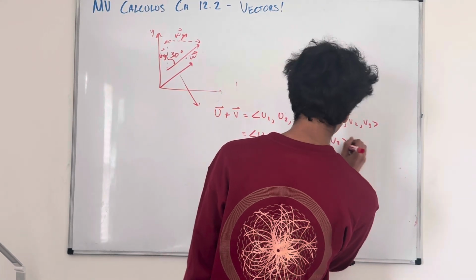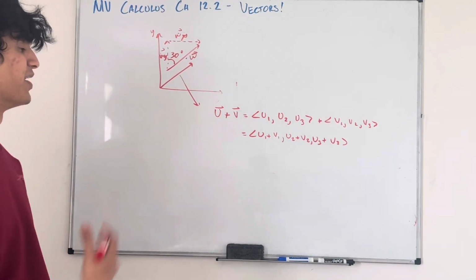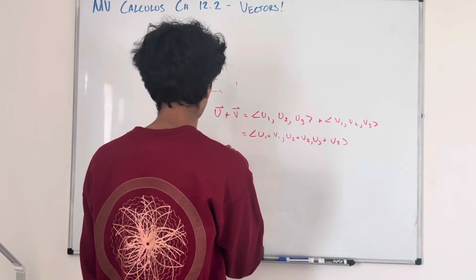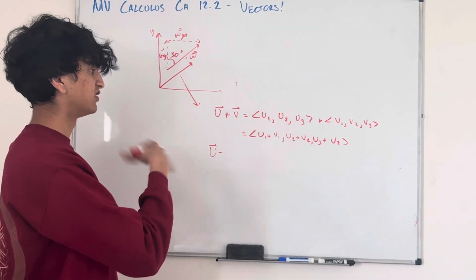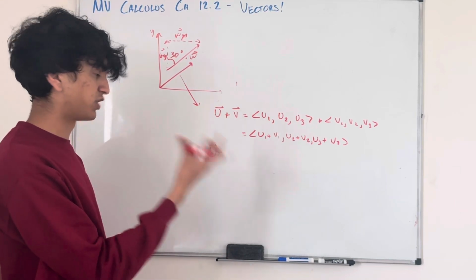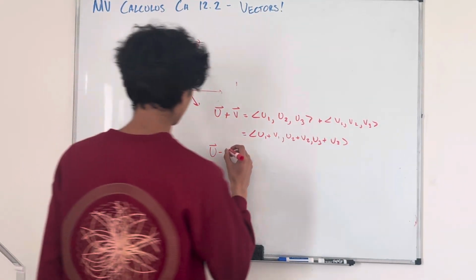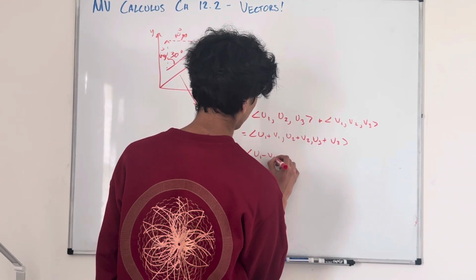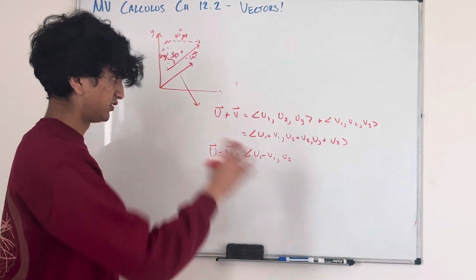And you can actually prove this with algebra. I'm not going to, but you can. By prove this, I mean you can prove that this is the same thing as doing tip to tail, with geometry. I'm messing up my words, but u minus v, you can imagine, is going to be u1 minus v1, comma, u2 minus v2, and so on and so forth.